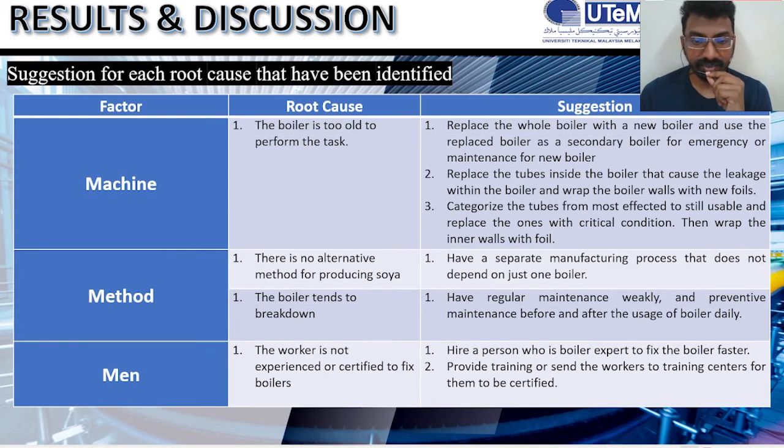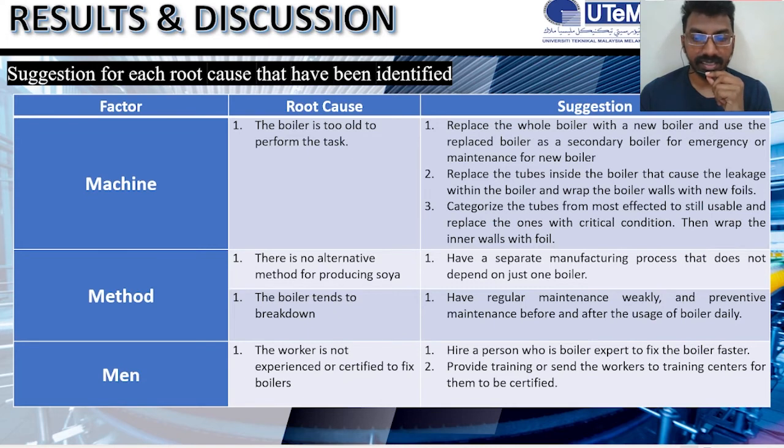The suggestion for this problem is that the best option is to replace the boiler itself with a higher capacity one. This may cost as an investment, but it also avoids the current defect cost incurred due to the boiler being down during the production process.